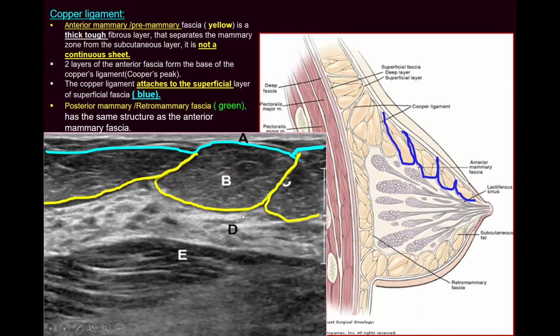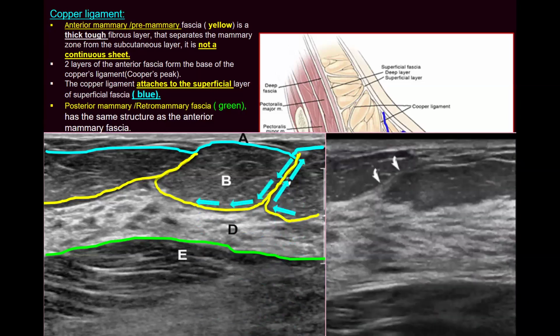Going, coming, here coming, going and coming, forming the pectoralis, and the pectoralis is attached to this layer. And here in green, this is the posterior mammary or retromammary fascia. So here you can see the directions of the Cooper ligaments. The anterior mammary fascia goes and comes back like this.